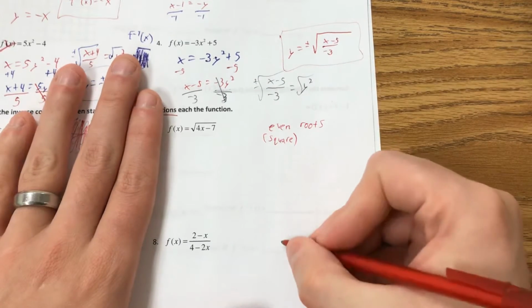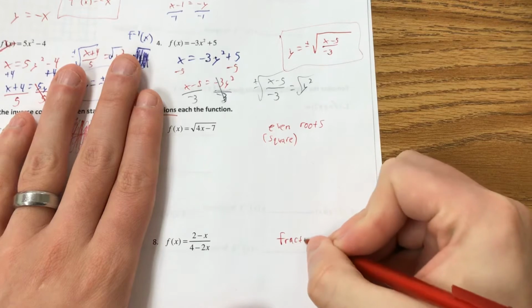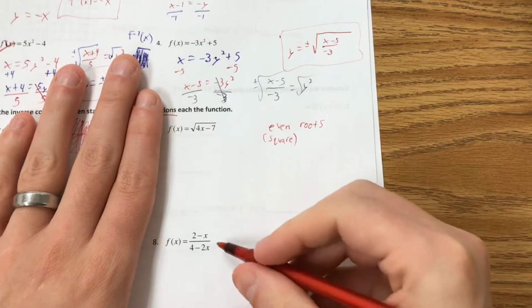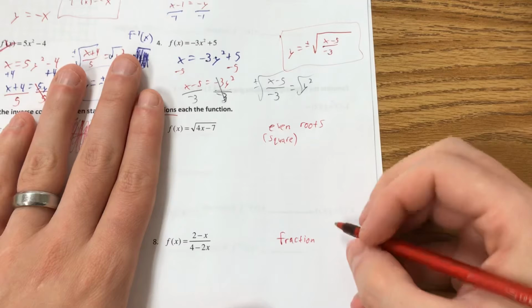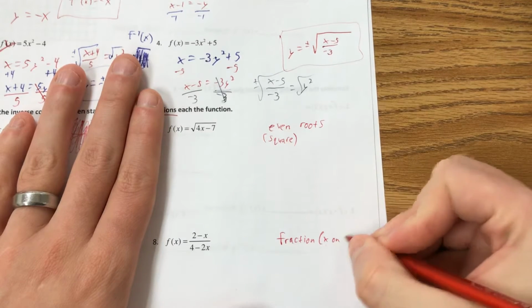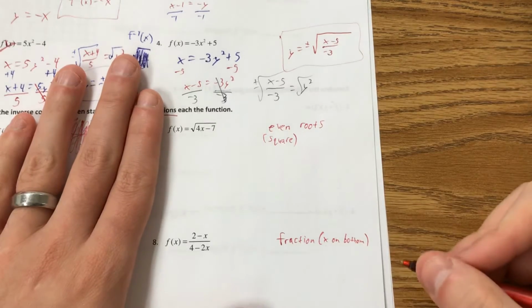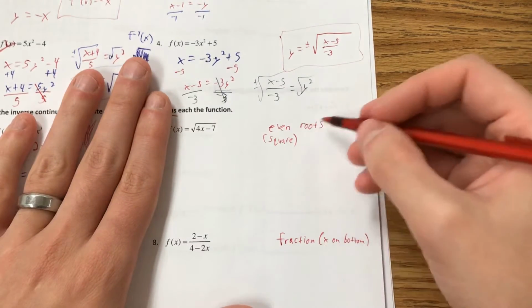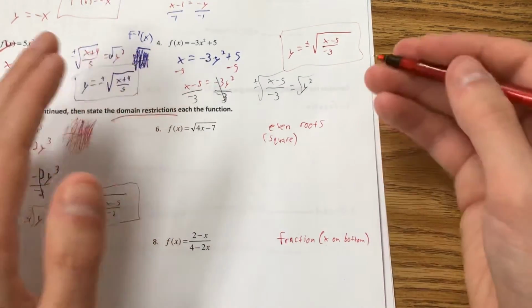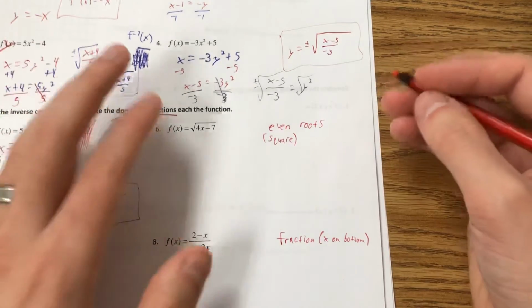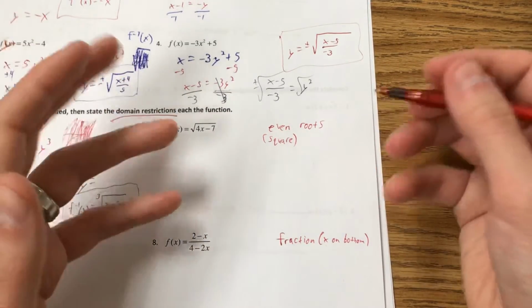And the other one down here is anytime you have a fraction with an x on the bottom. So I'll just write that down. The thing about square rooting is that there's a certain type of number that you cannot square root, and that is negative numbers.